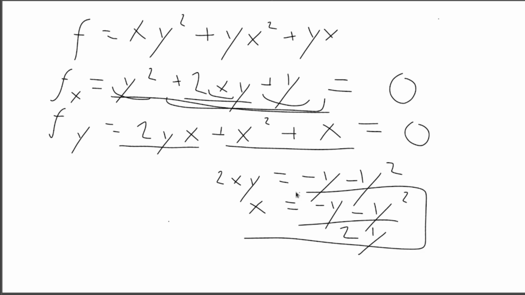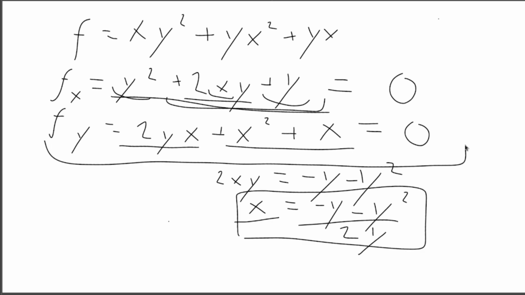So I solve for x, and this exact x I put into the other equation, into the f sub y. I solve for y this time, and I'll get numerical results for y. The first result of y will be minus 1. The second result will be minus 1 over 3.